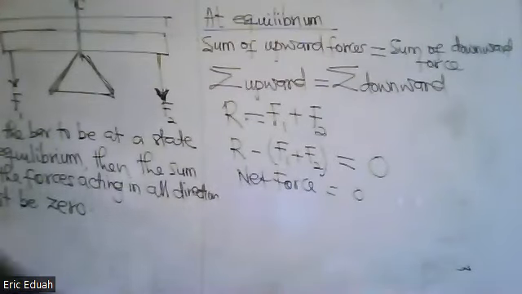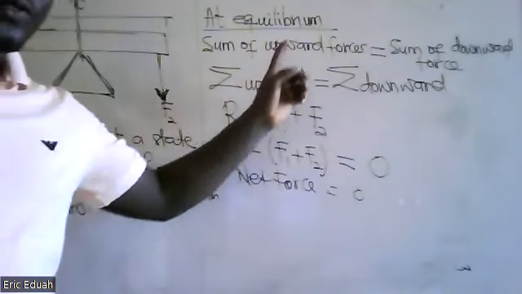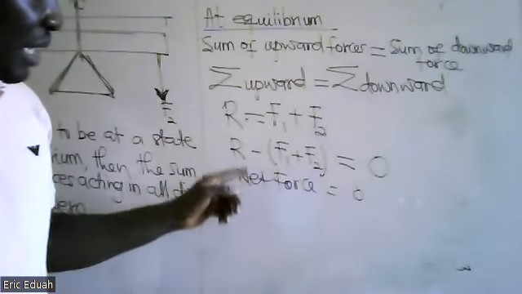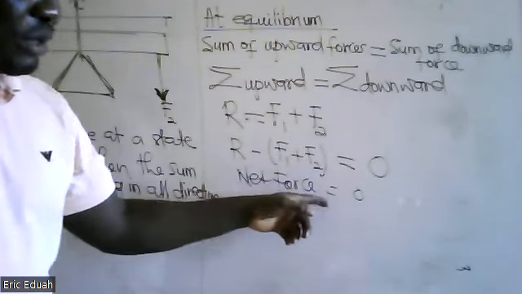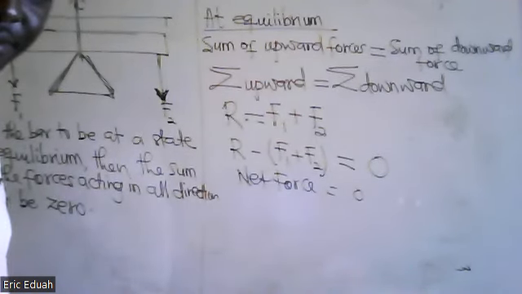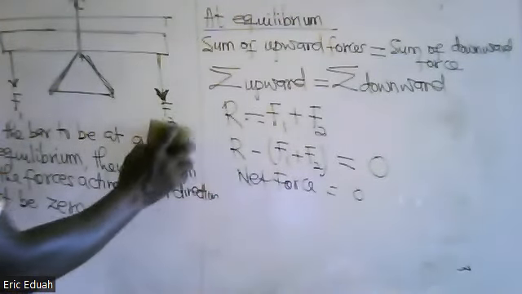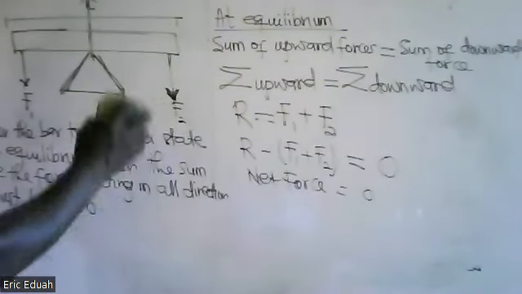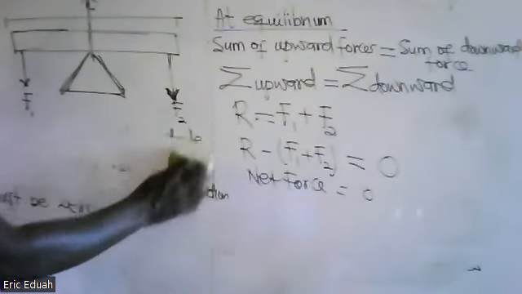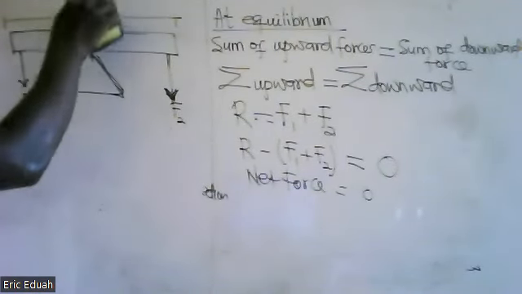So either you state it as this: at equilibrium, the sum of upward forces must be equal to the sum of downward forces, or at equilibrium, the net force acting at a point must be equal to 0. Right? Yes. All right. 2. The second principle of moment. If I have this, now I'm not considering the reactional force produced by this.